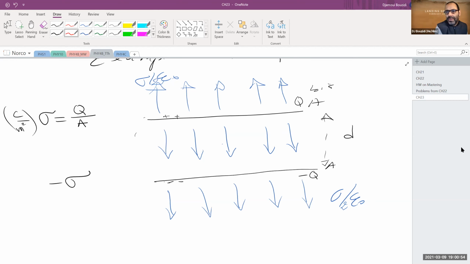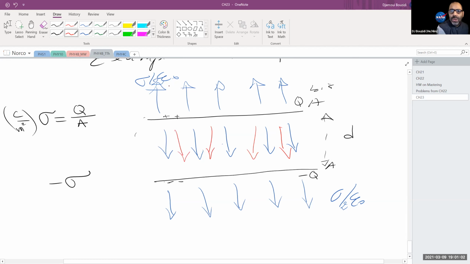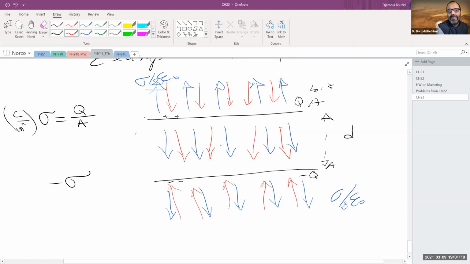So this guy will produce also an electric field pointing towards the negative plate that has the same magnitude of sigma over 2 epsilon naught. Now it's pointing towards it, not away from it, okay? Each one of them has the same magnitude also of sigma over 2 epsilon naught.